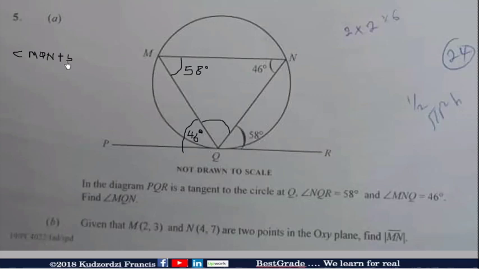So angle MQN plus 58 degrees, then plus 46 degrees must give us 180 degrees.